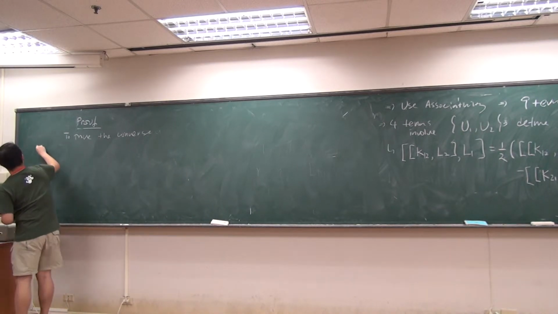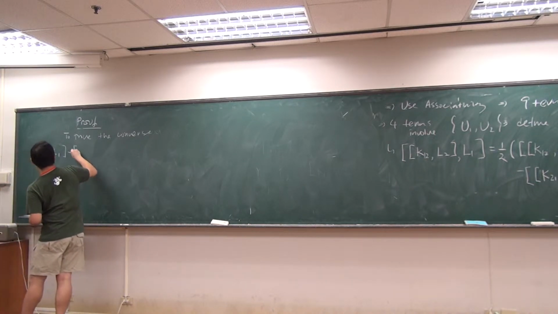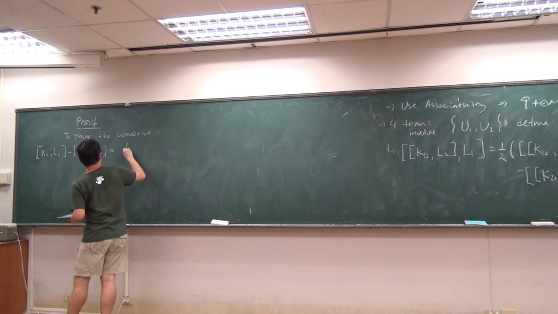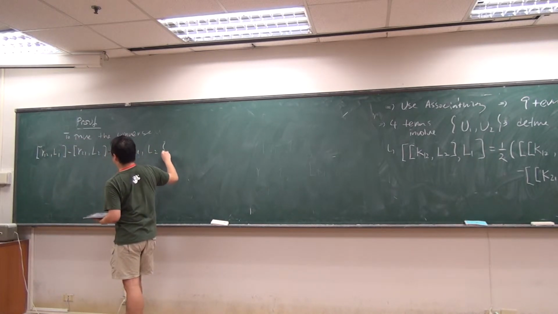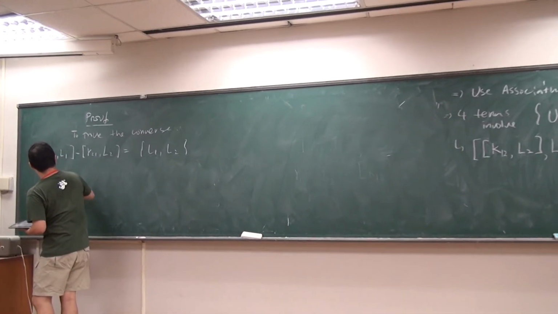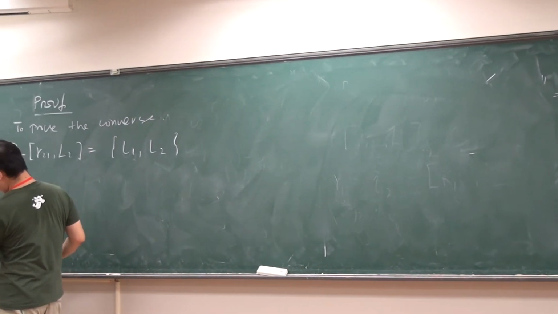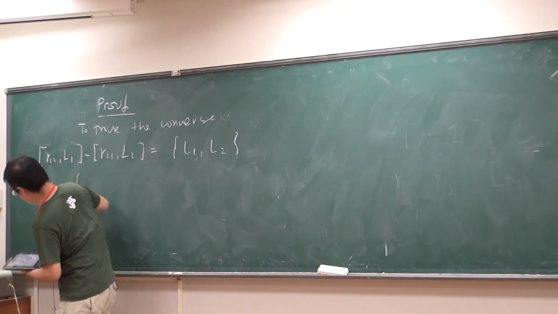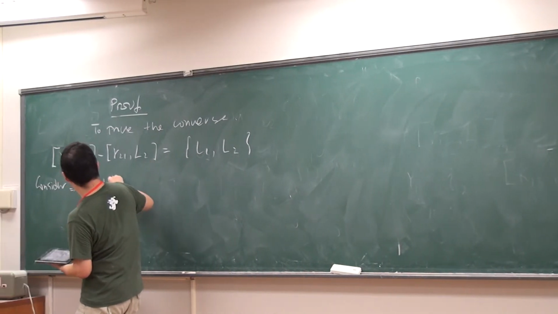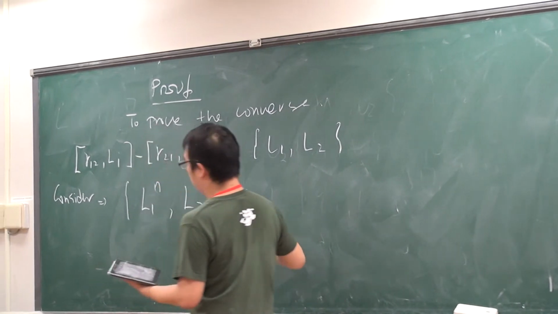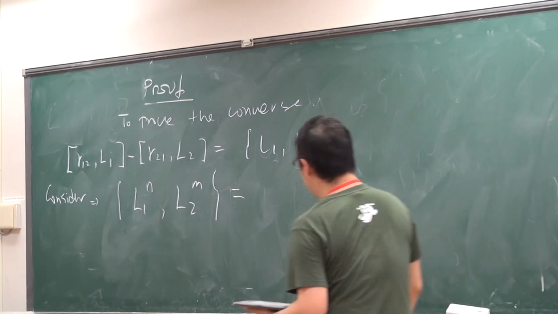Suppose now we are given R12 L1 minus R21 L2 equal to L1 L2. Then we consider L1 and L2 and their commutation.